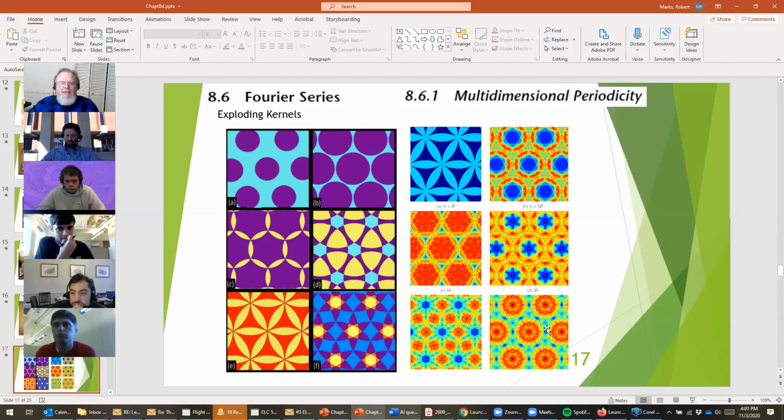I think you could also see that the wider the circles, the more overlap, the higher the frequency. The high frequency here is manifest by the detail, the kind of doily detail that you see. So this is what happens if you keep expanding circles.